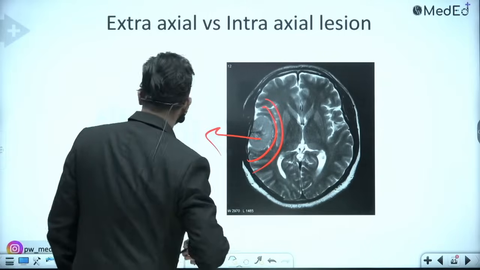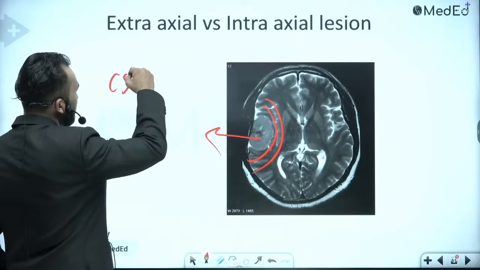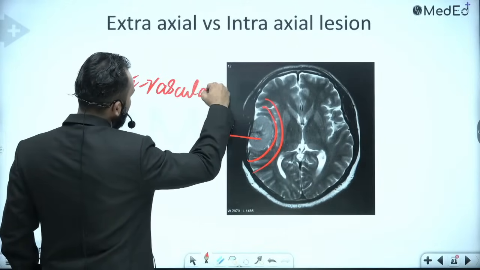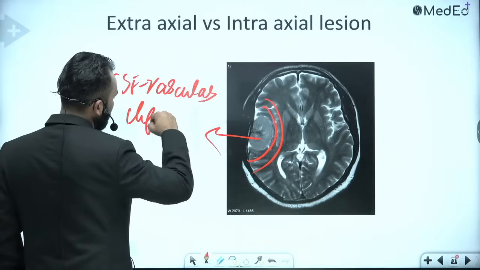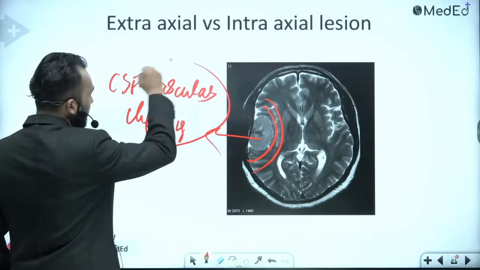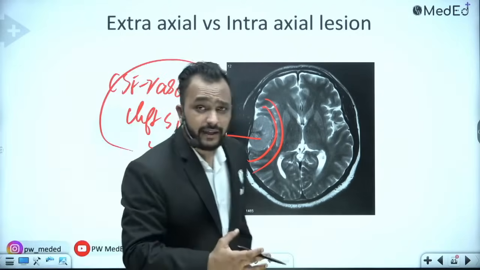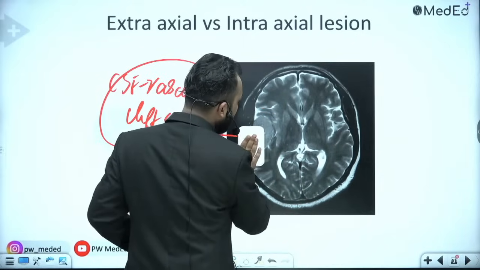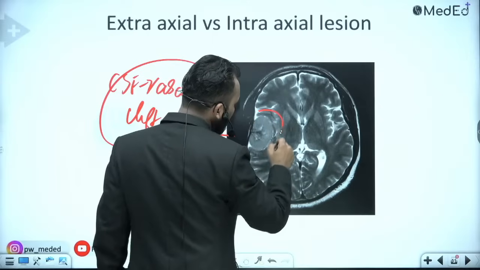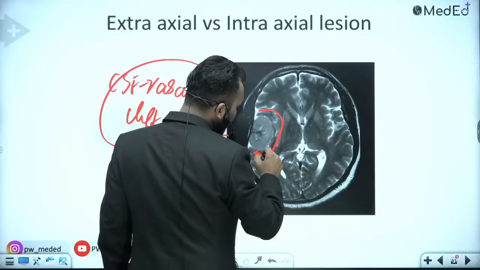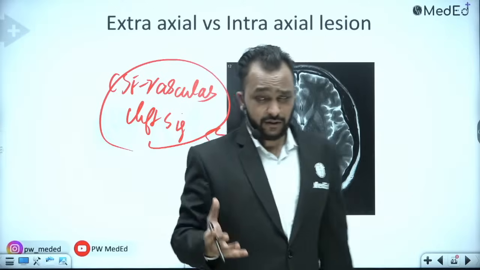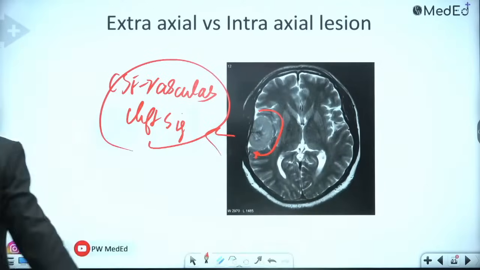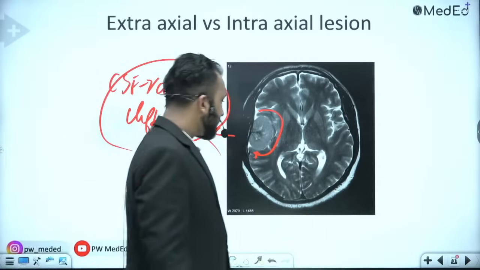Like in this case of meningioma, it is surrounded by CSF on all sides, and within that CSF your vessels are running. That is why it gives a sign known as CSF vascular cleft sign.